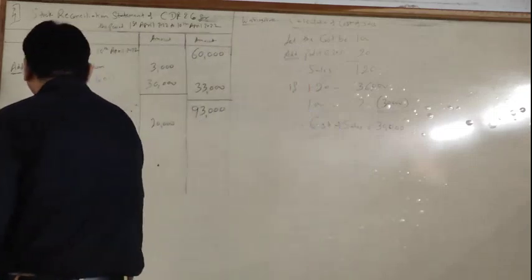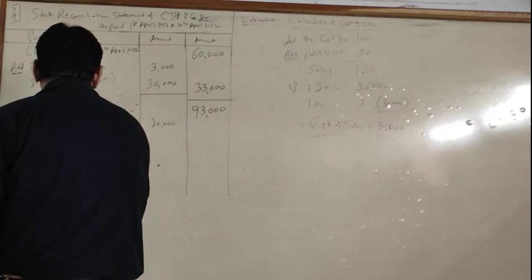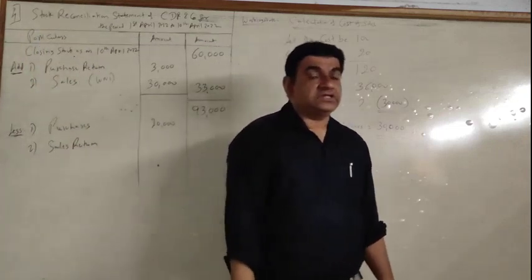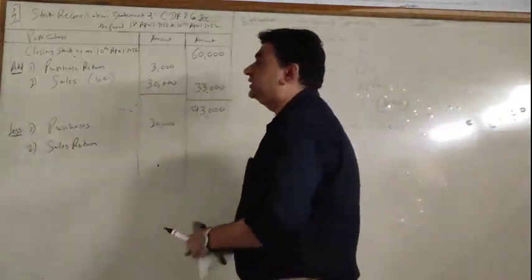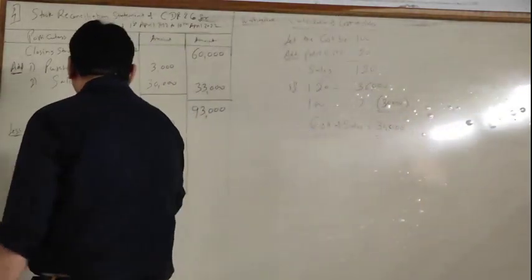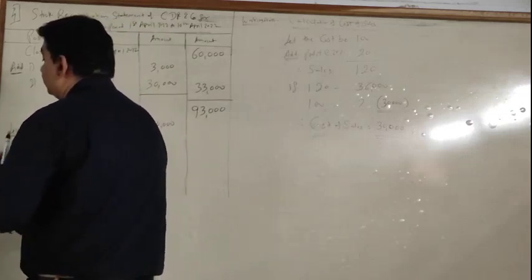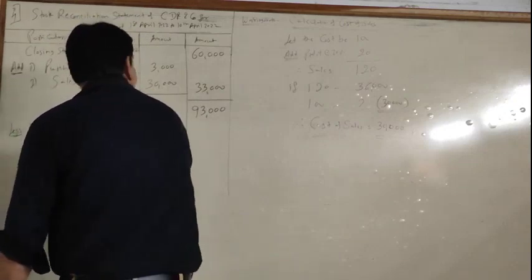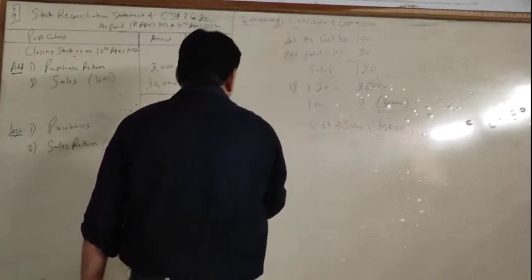And same way, what remains? Sales return. Right. Second, sales return कितना है? 3,000. But sales and sales return is at selling price. So again, since the percentage of profit is on cost, I'll make a working note. Working note number 2. Okay, this was working note 1.